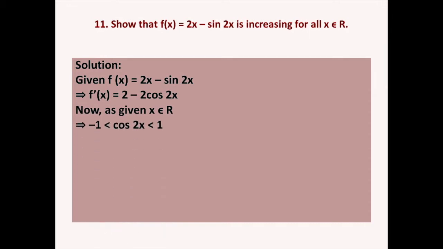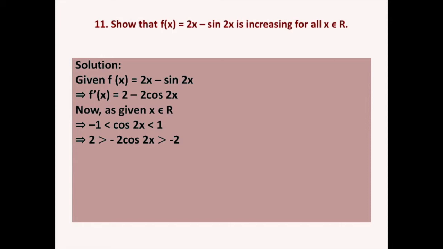Now it's given to me that for every x belonging to R, minus 1 is less than cos 2x which is less than 1. So therefore, multiplying by minus 1, the symbol of inequality gets reversed.